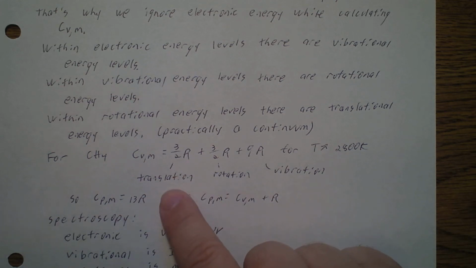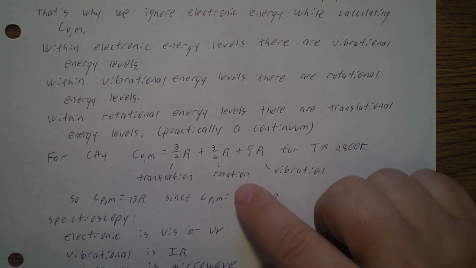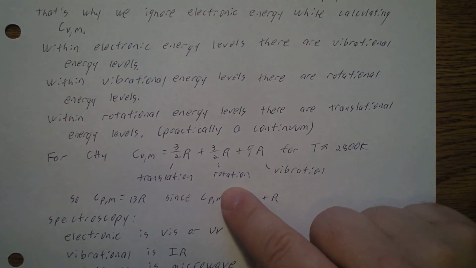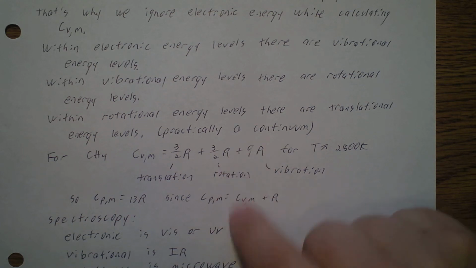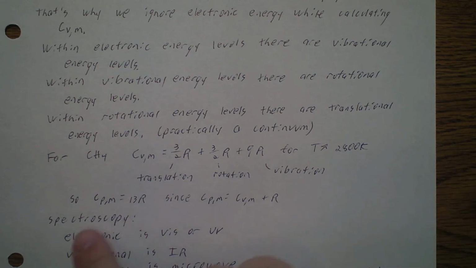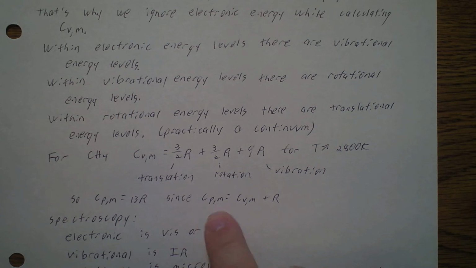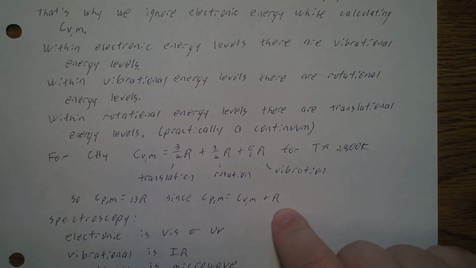Now remember, the translation has 3 degrees of freedom, so that's 3/2 R. And then for rotation, because of the type of molecule, we have 3/2 R. And then for all the different vibrational modes, we have 9 R. So the molar heat capacity for methane is going to be 13 R. And remember, the molar heat capacity at constant pressure is equal to the molar heat capacity at constant volume plus R.